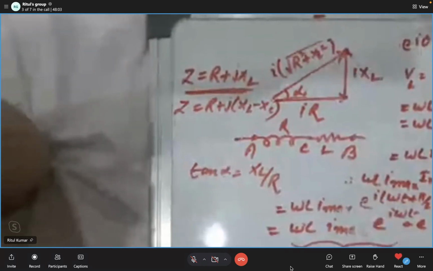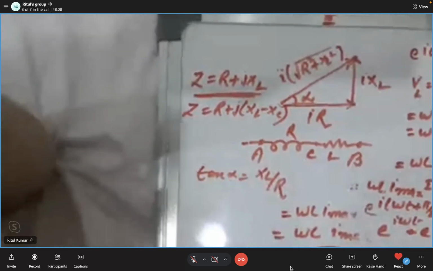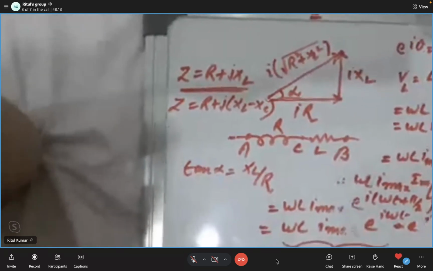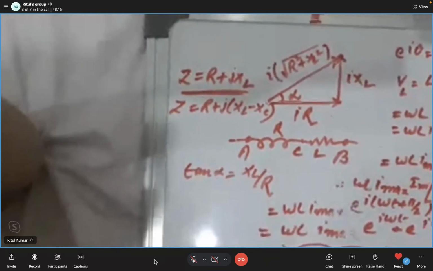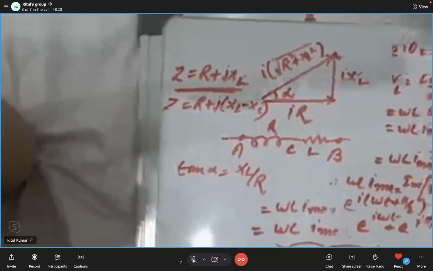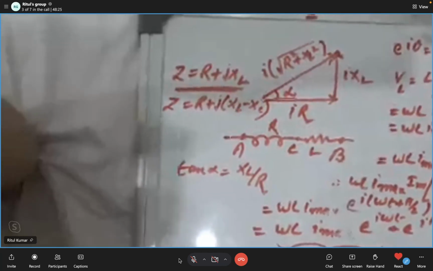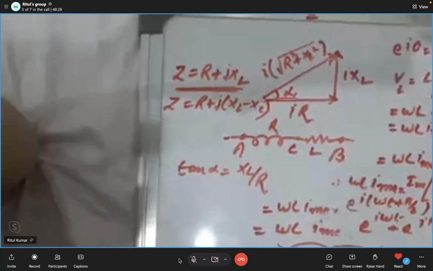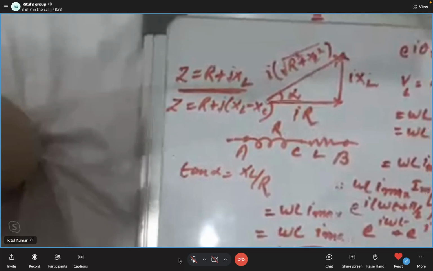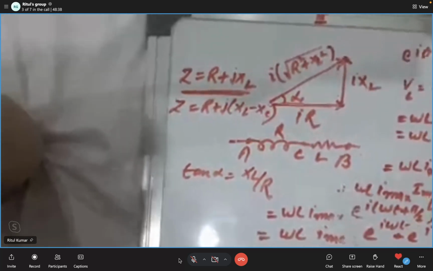Then the question comes to us, what is to be done against it? Where do we encounter a capacitive circuit? Do we have a capacitive circuit also to encounter, or is it always inductive or purely resistive? Generally you don't encounter capacitive there. Then why on earth are we studying the capacitive circuit? We're studying it because we need to reduce, I repeat, we need to reduce the angle between voltage and current.